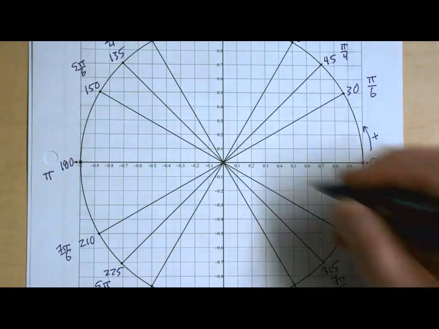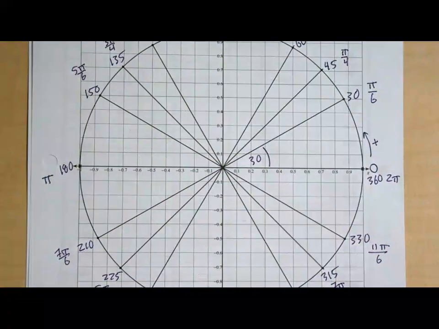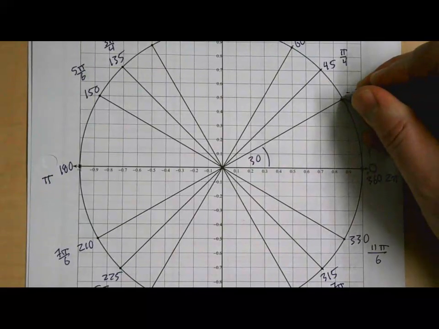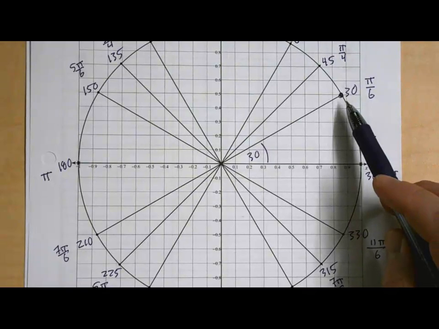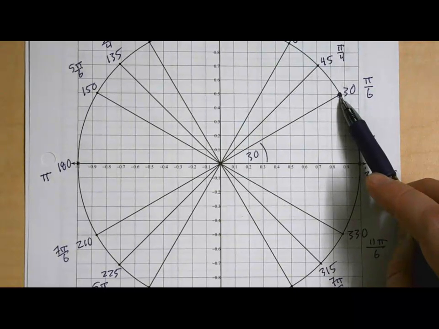So I want you to think about this angle of 30 degrees. What does the cosine have to do with this angle? I would say the cosine is going to give you the x-coordinate of this point, right? And what does the sine have to do with that angle? The sine is going to give you the y-coordinate of this point.